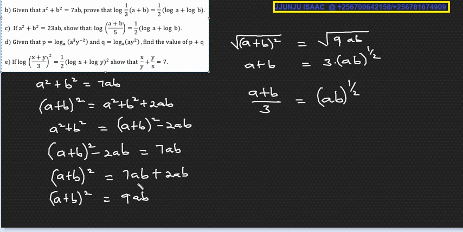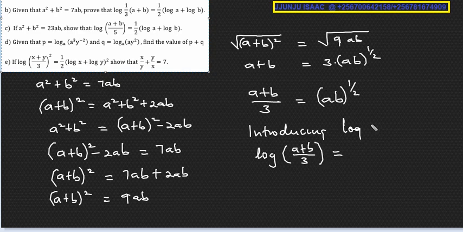Now we need to find the log on both sides. Hope you can see that we have arrived at the answer. So introducing log, we shall get log of (a + b)/3 equal to, now when I take log, this power will drop, so we shall write a half log of ab.